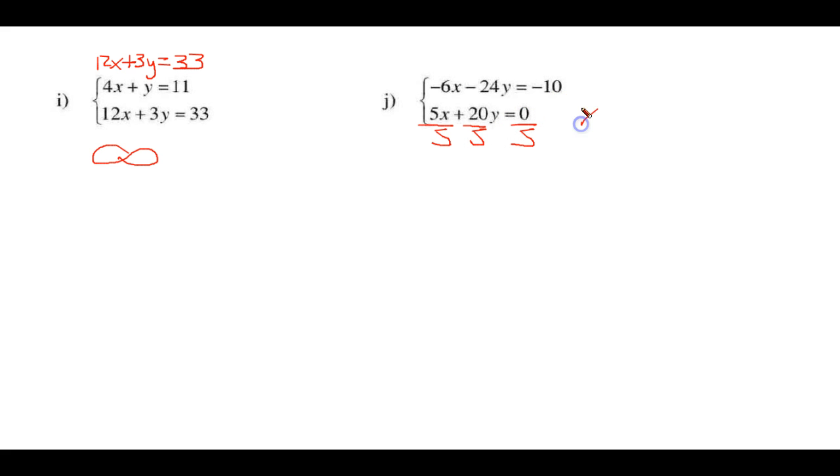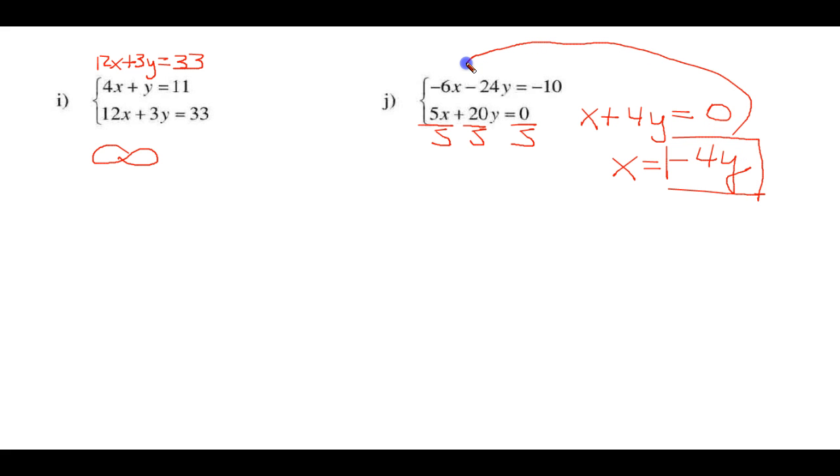So we then get a new equation, x plus 4y equals 0. So what does x equal? X equals a negative 4y. So now let's take this value and put it in the other equation. And we'll do it together.